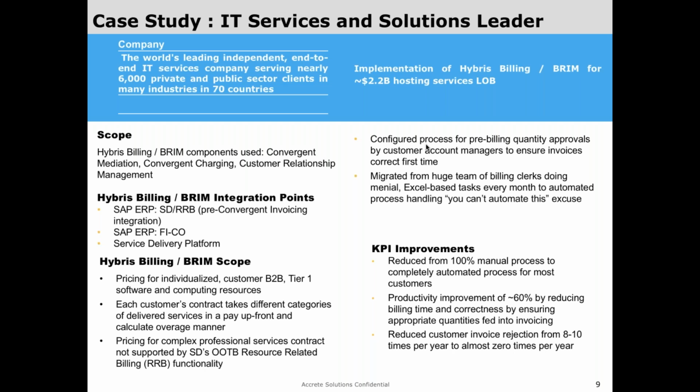We saw some really good big KPI improvements: 100% manual processes down to almost none for most customers, a 60% increase in terms of correctness. Because when you have people working in Excel doing things manually, things go out wrong. And that's what we had.